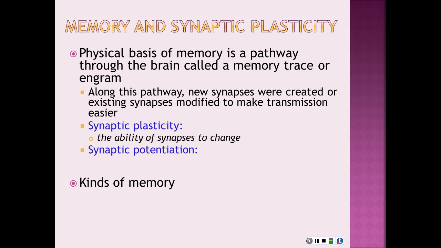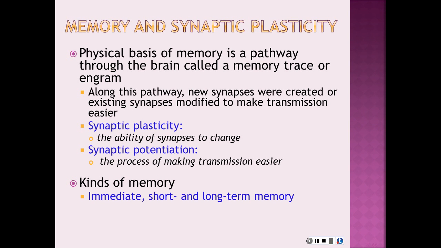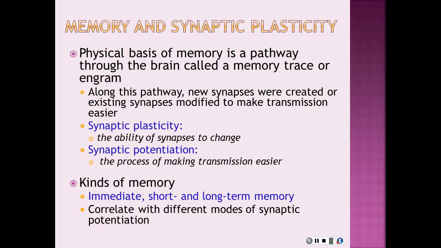Now during learning, synapses in a certain pathway become modified so that signals travel more easily across them, and this is called synaptic potentiation. So what kinds of memory do we have? We have immediate, short-term, and long-term memory.